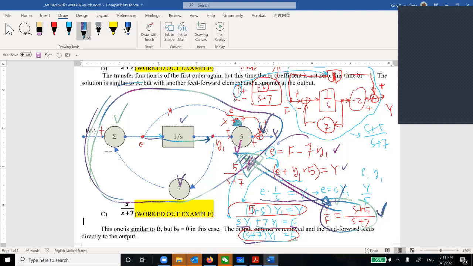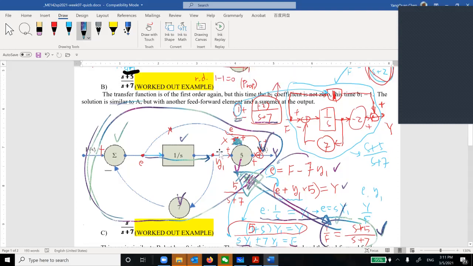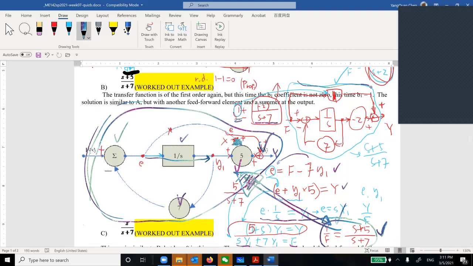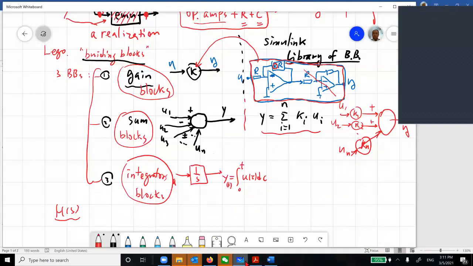But I also give you alternative here, okay? Make use of this realization, okay? That's a realization. So in other words, giving op-amps, giving those op-amps, you will be able to do all this gain, sums, and integrator. I'll show you the other two later.